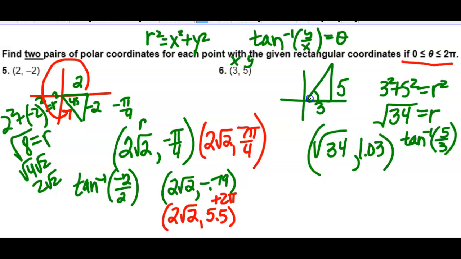Now to get another name, you could say I'm going to add half of a rotation to that, which would be pi. When you add pi to that, you get 4.17. If you rotate it around to 4.17, you'd have to back up a radius of negative square root of 34.